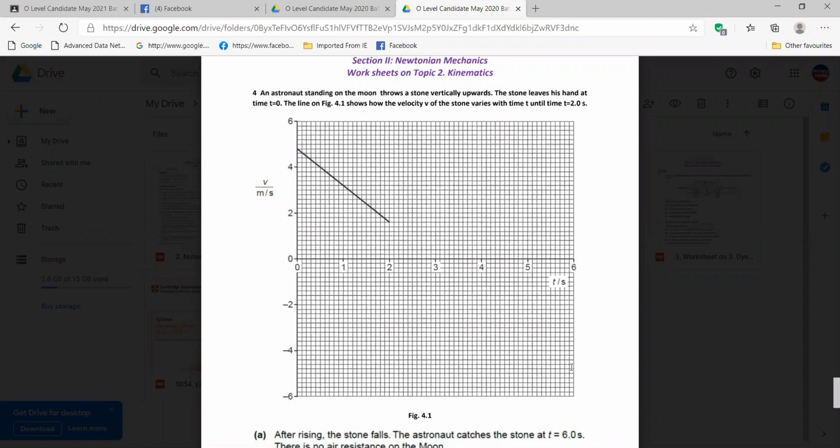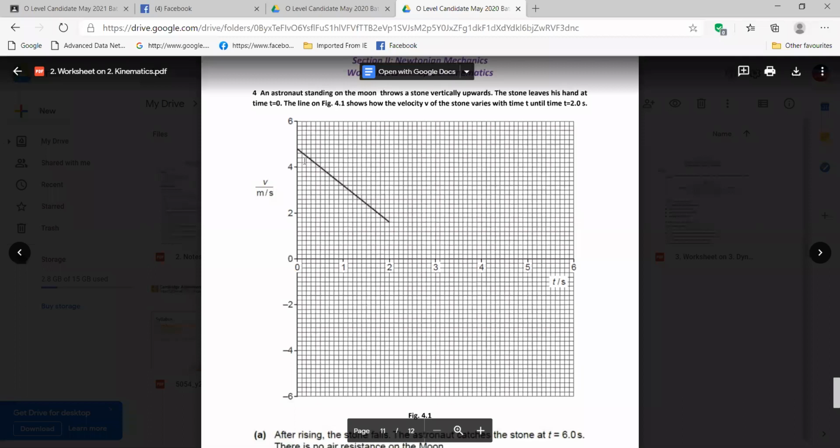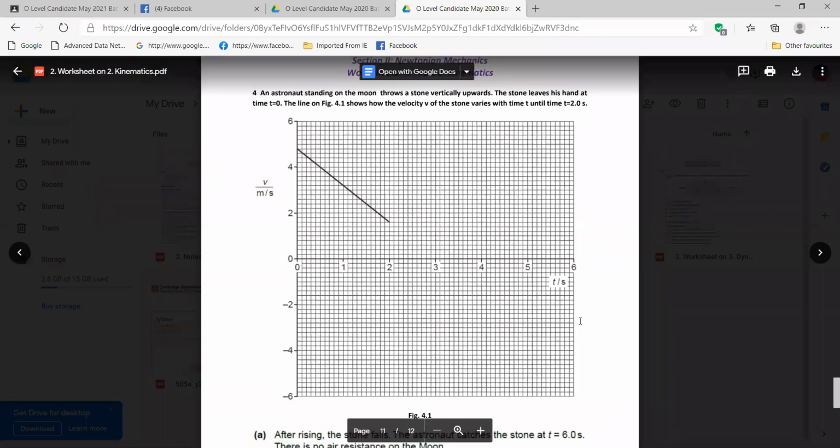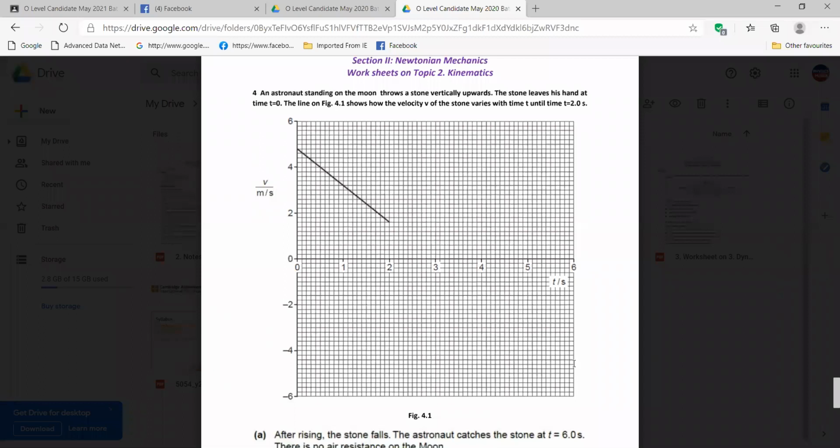Your ruler should be a big ruler, a 30 centimeter ruler. Place the ruler here, align it to this line, and then it will reach here. Okay, 4.8.